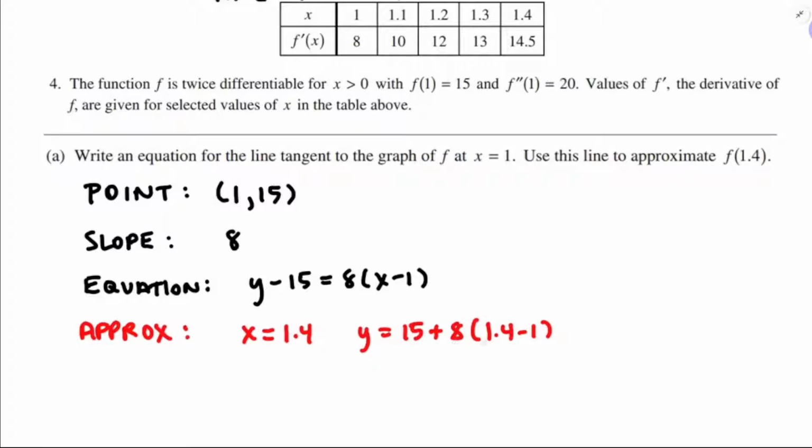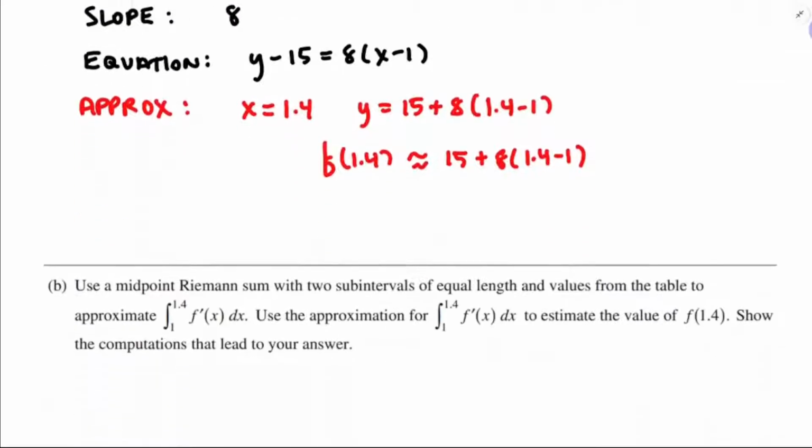Maybe I will, because 1.4 minus 1 is 0.4, times 8 is going to be 3.2. But I could see people mistakenly saying that's 0.32, and so that's why I would recommend you just go ahead and say f of 1.4 is approximately equal to, but not equal to, 15 plus 8 times 1.4 minus 1. I'm just going to leave it like that.